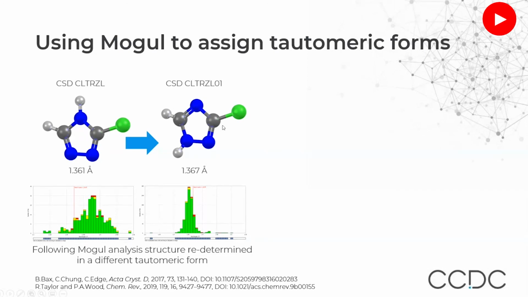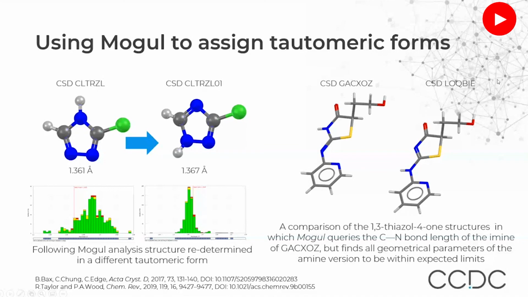So you can see that these bond types have now changed in the structure, and you can see that this distance is now closer to the peak of my histogram. So we could use the same approach on other structures in the CSD. And here we've got two structures that look very similar. So these are the ref codes.